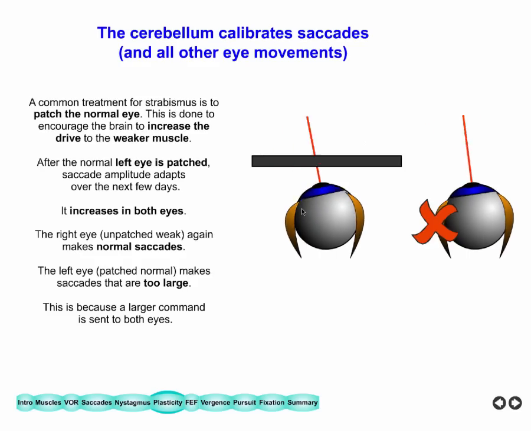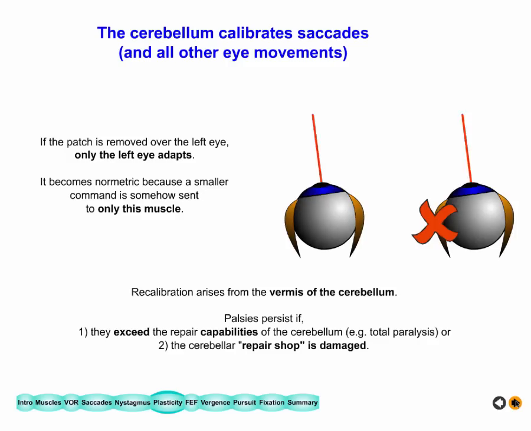This eye is moving now too far. So, the surprising thing is that when you take off the patch, this weakened eye remains good because it still gets a stronger signal. And the brain instead teaches this stronger eye to move less. Okay. And it does this through the vermis of the cerebellum.